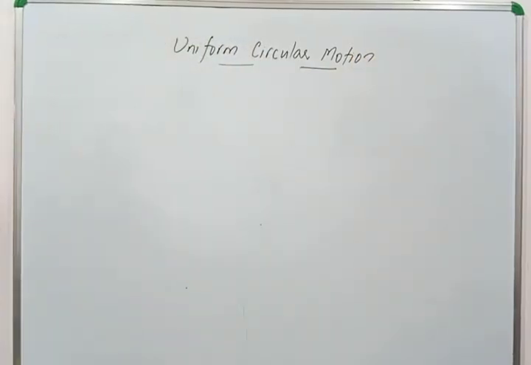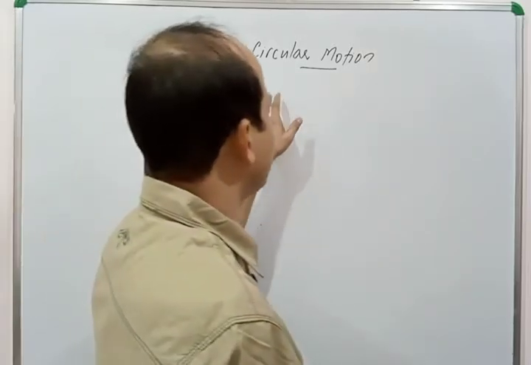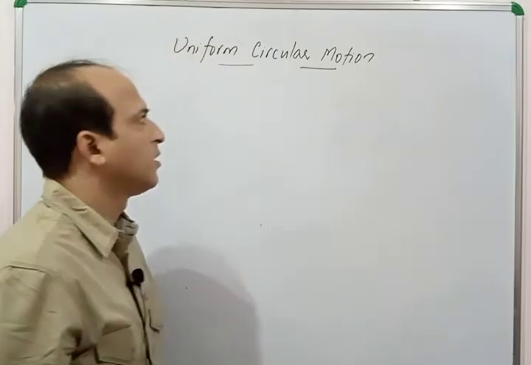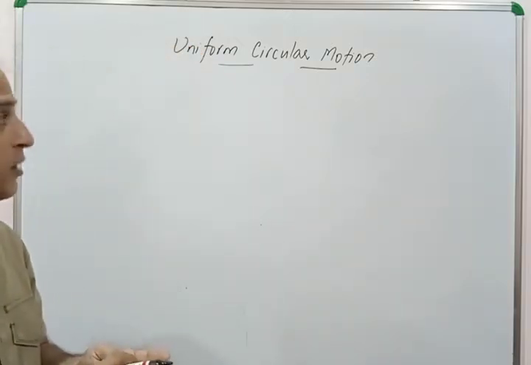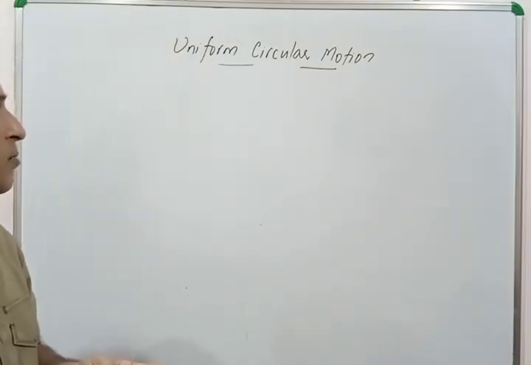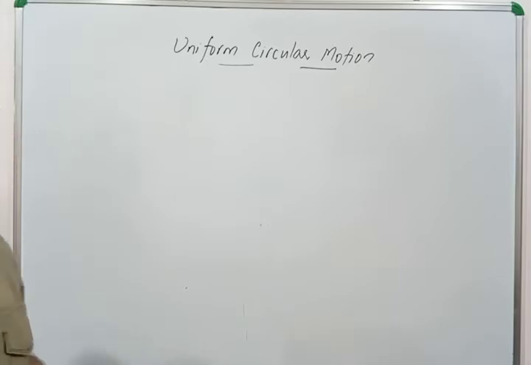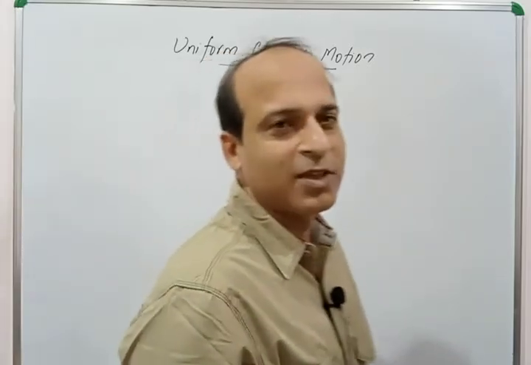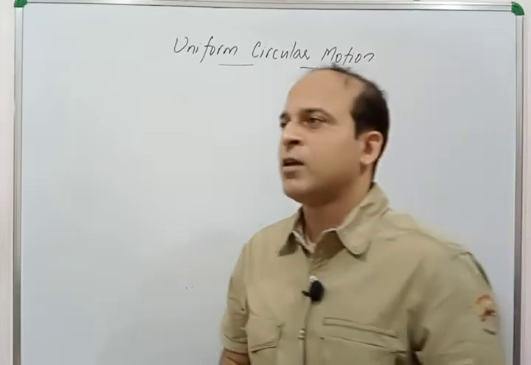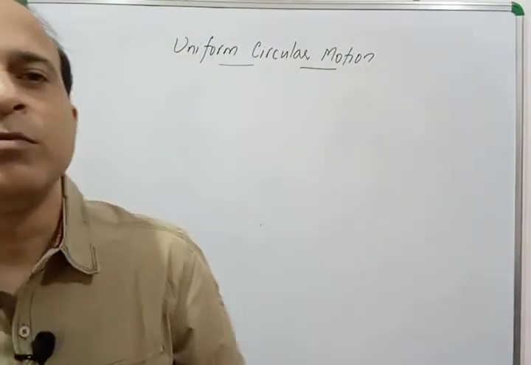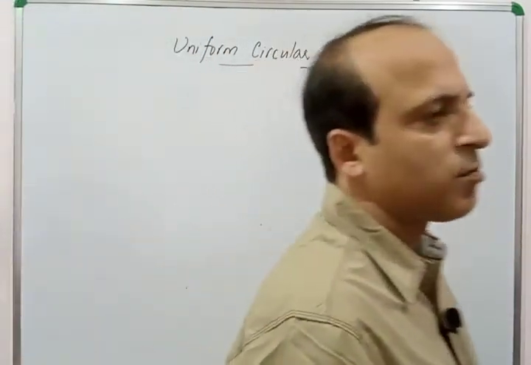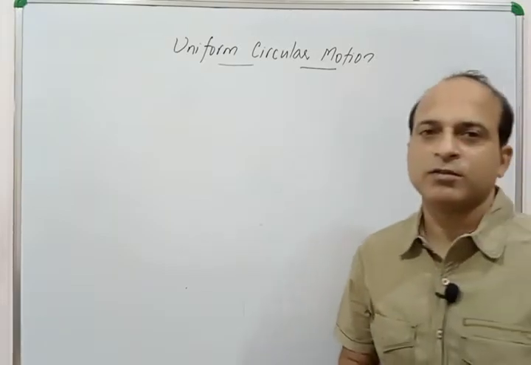Uniform circular motion. Now before I come to what is uniform circular motion, let me tell you, it's not a compulsion that motion has to be always uniform. Non-uniform भी तो हो सकता है. So what will the child do if the body is having a non-uniform circular motion? तो दोनों पढ़ लेते हैं.